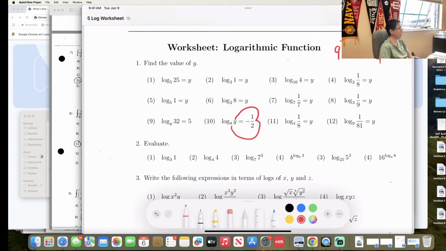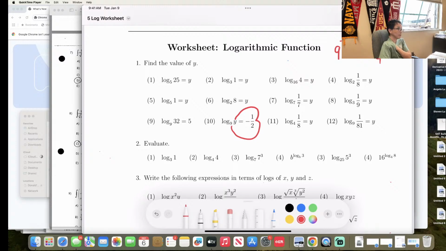You can pick 11. 11 is kind of hard, so try 11. 11's probably the hardest question there.